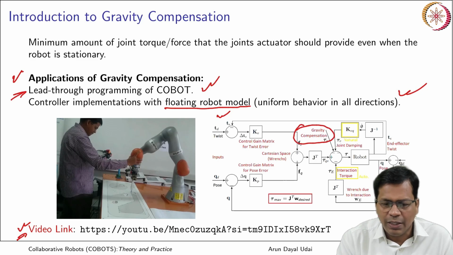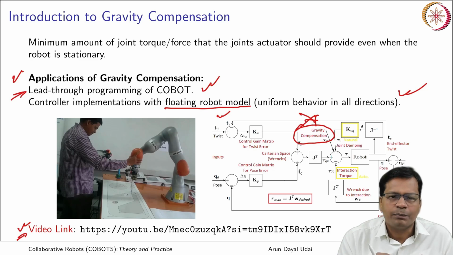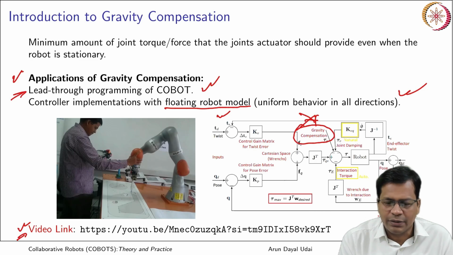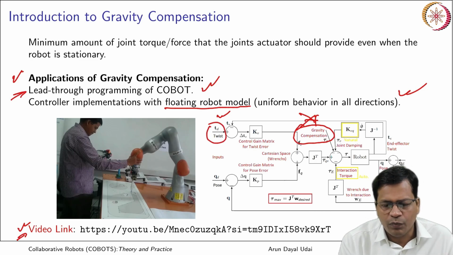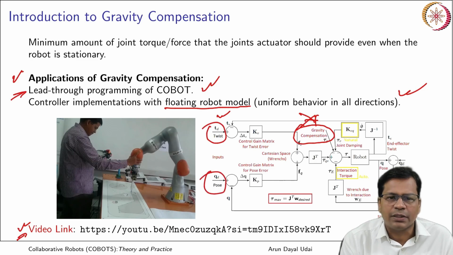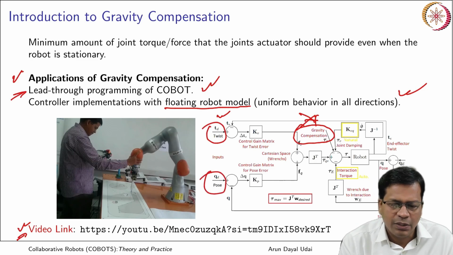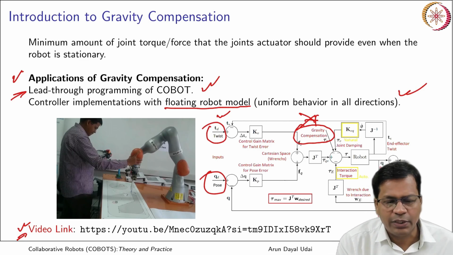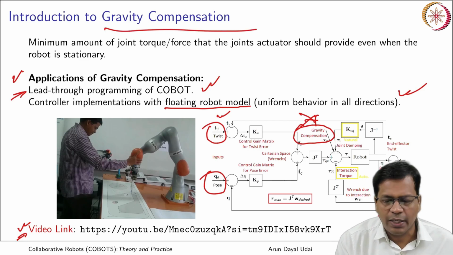This is an external compensating torque which continuously acts at the robot joints, so that the robot becomes floating in the air and behaves uniformly in all directions. Thereafter you apply the input velocity, position commands, force commands, everything else. So this is why it is very important, and these are the places where gravity compensation is utilized.